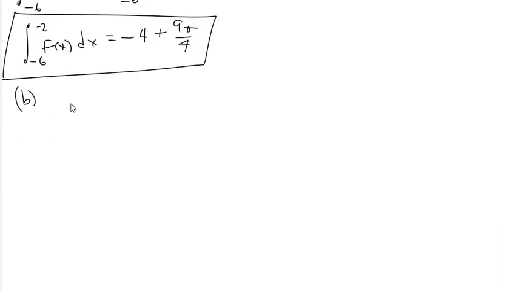All right, let's look at part B here. They want us to evaluate this rather messy looking definite integral where we're integrating 2 times f prime of x plus 4.